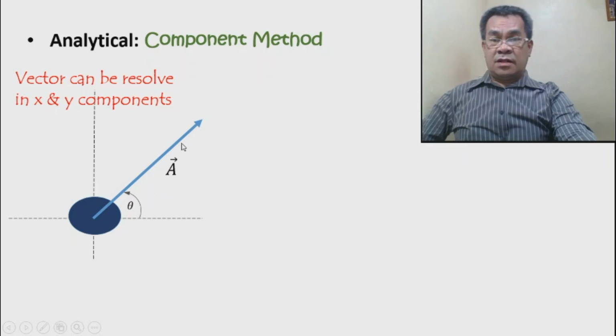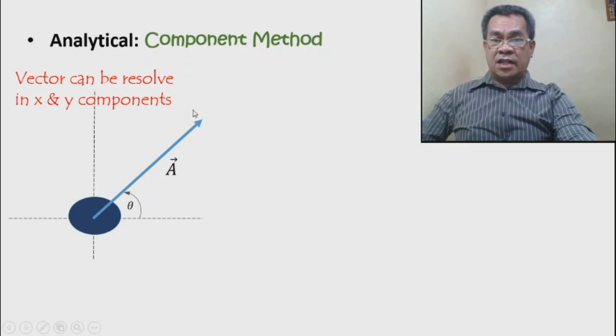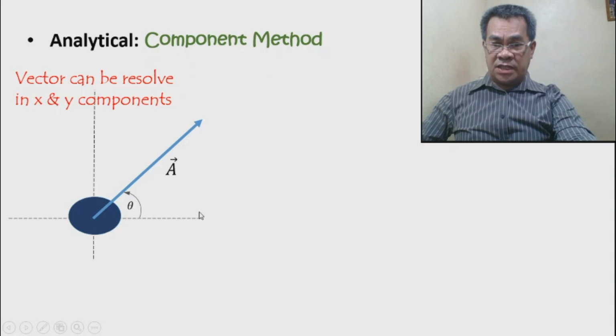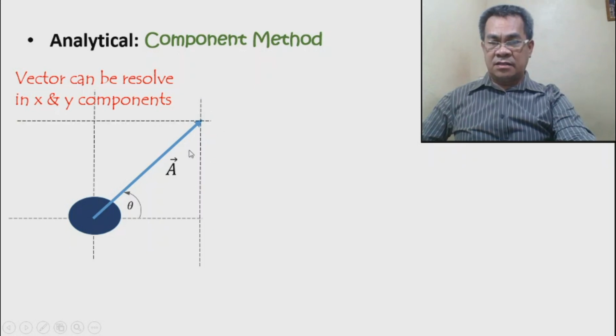So the components are actually constructed from the tip of this vector, projecting towards the x-axis. If you construct a vertical line until it reaches this x-axis, and connect a line horizontally projected towards y, then we have these intersection points.